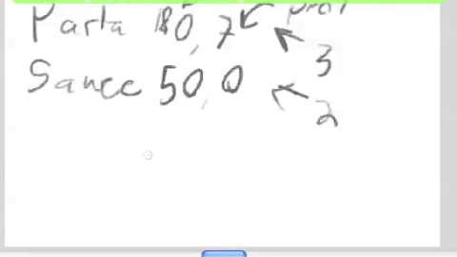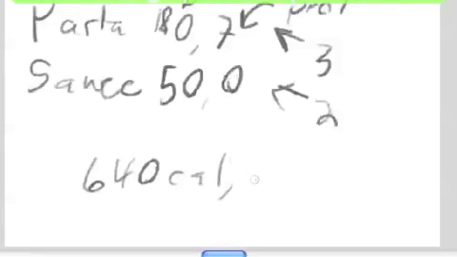Check if you don't believe me. And 2 times 50 is 100, so 540 calories from pasta, 100 calories from sauce. That's 640 calories.